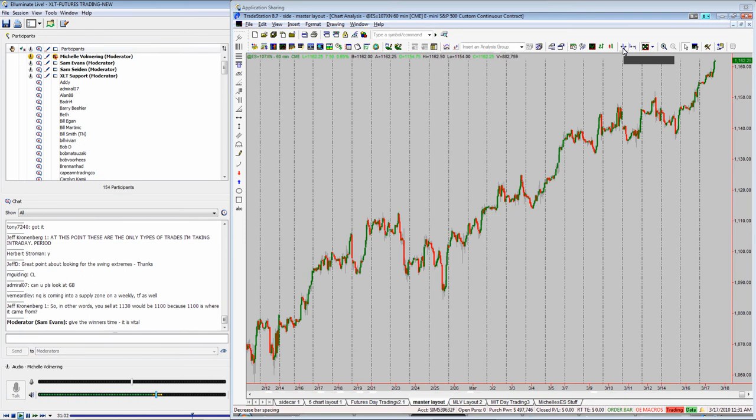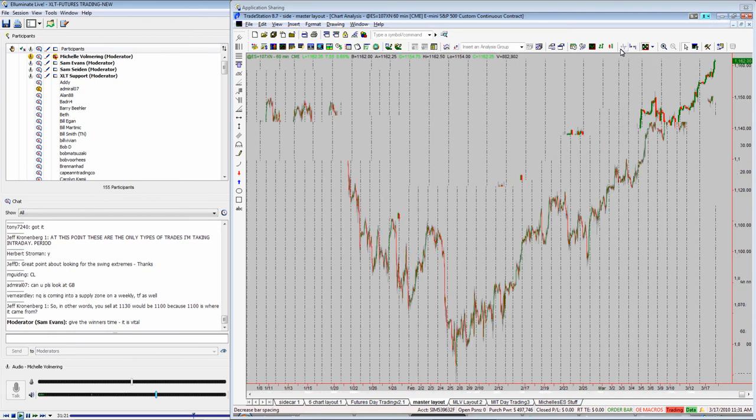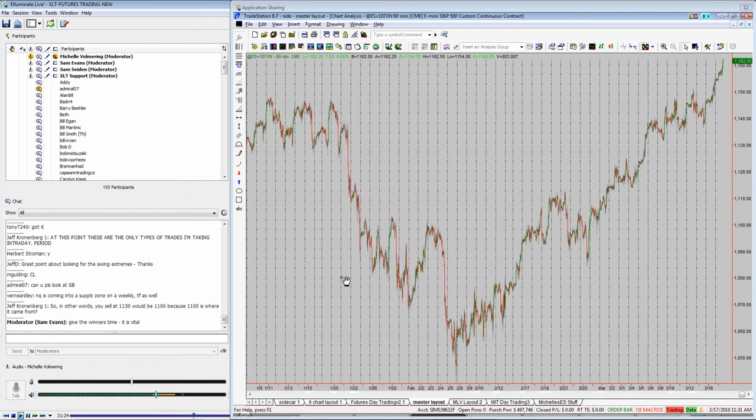How will we know if we should be taking sells up at each of the next high levels, or should we be looking for pullbacks in this overall uptrend? And I told him that you're only going to be taking trades at the extreme points on these highs, because that is an area where the market would have the capability of turning. So let's go back and look at this.